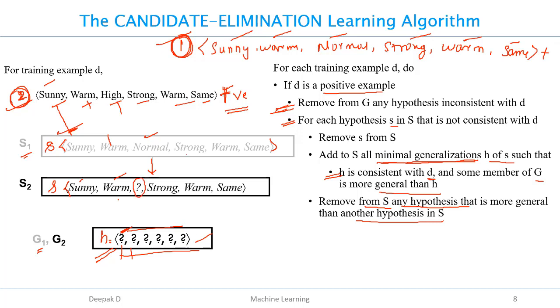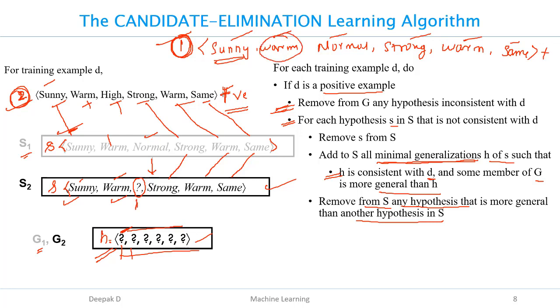And next, normal, strong, warm you have, and same you have. So the updated hypothesis is this one. Now whether this hypothesis is consistent with my D or not has to be checked. Sunny is there. Here also you have sunny, with respect to the first instance. Warm is there.